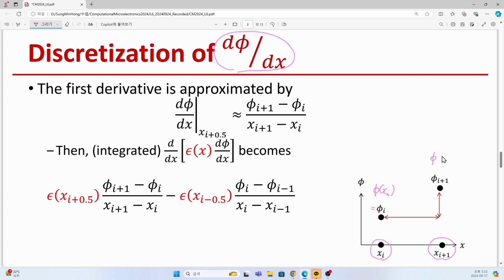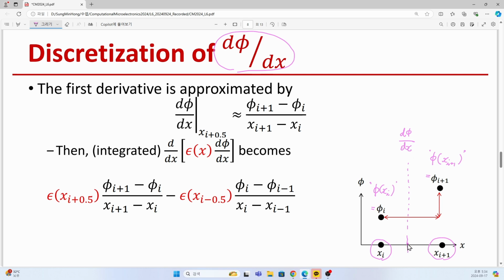And here we have phi evaluated at x sub i plus 1, and it is denoted as phi i plus 1.